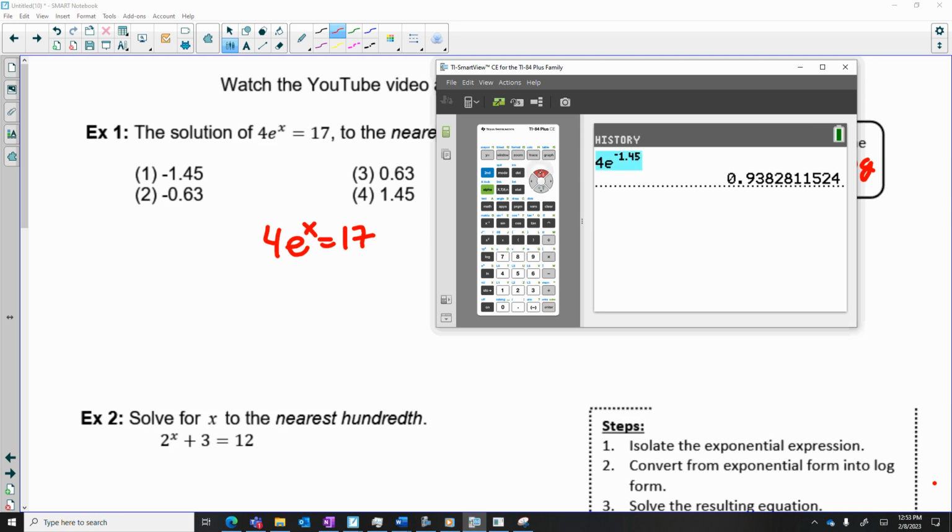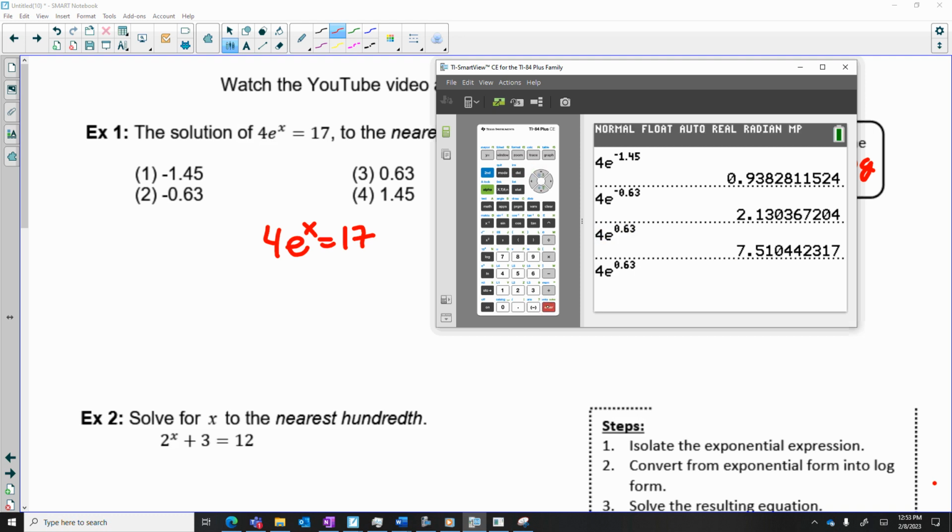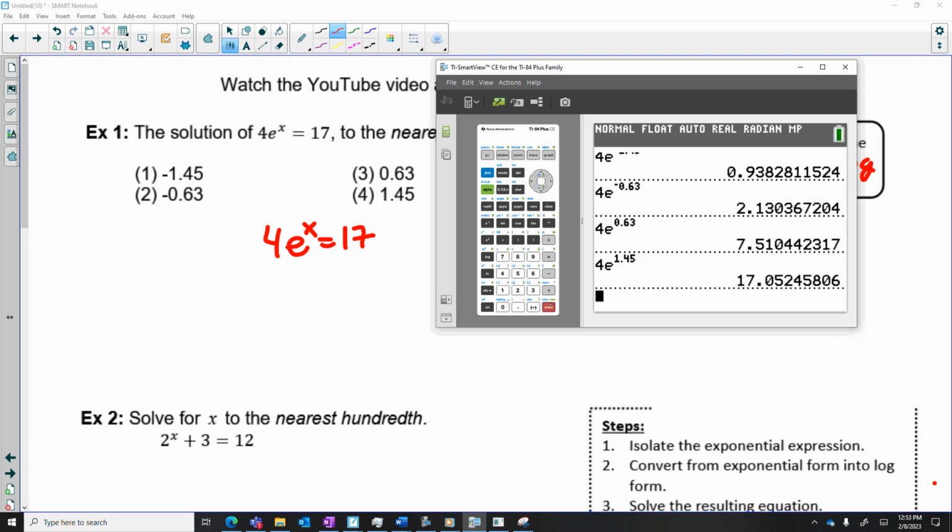And I could go through the next one, negative 0.63. See if I get 17. I don't. Go to the next one. I'm using the last entry button just to hit up and select the last entry to make my life easier. And I'm thinking it's going to be choice 4 for e to the 1.45. Okay, so it looks like it's choice 4.